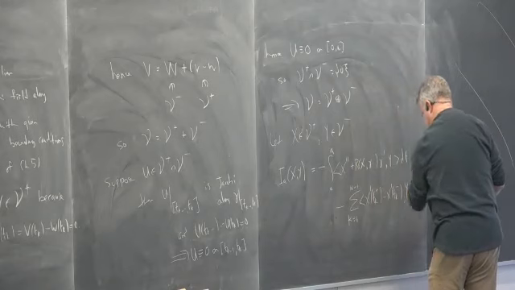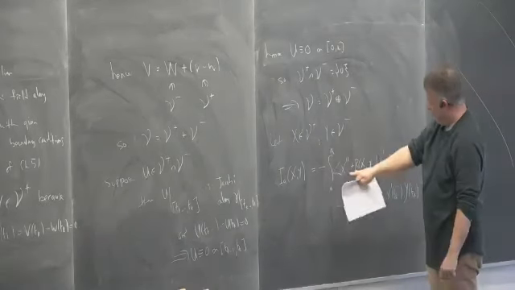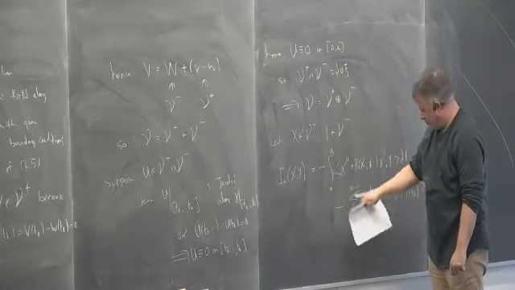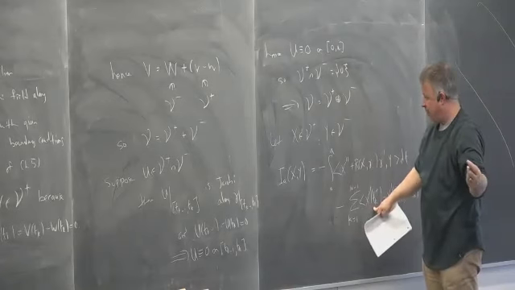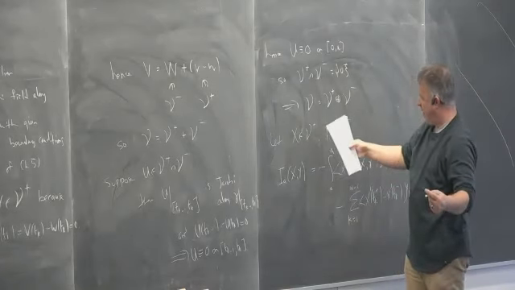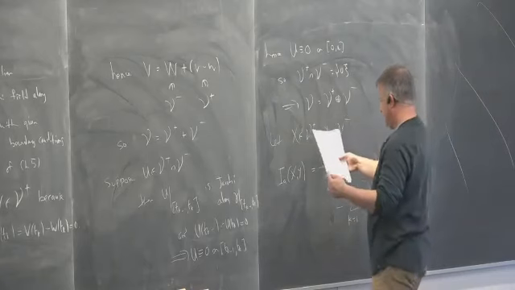So remember, the t_k in this formula were the places where X can jump. But X is in, sorry, I did this wrong.